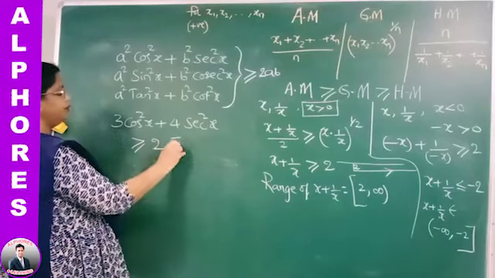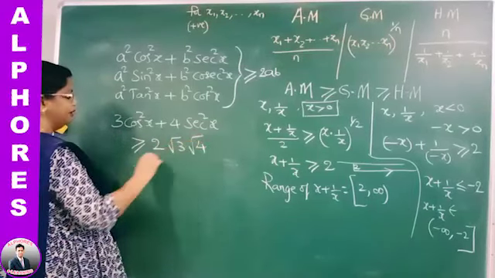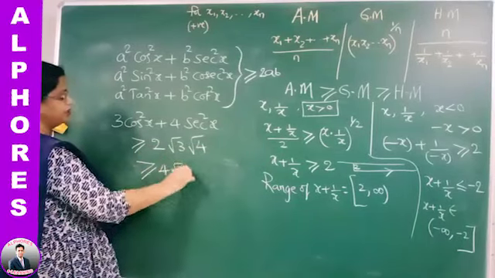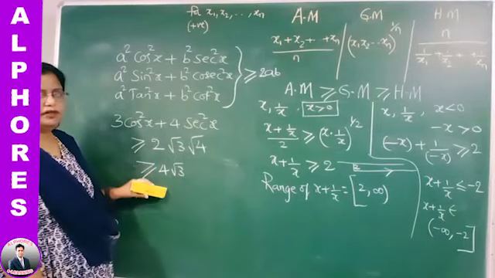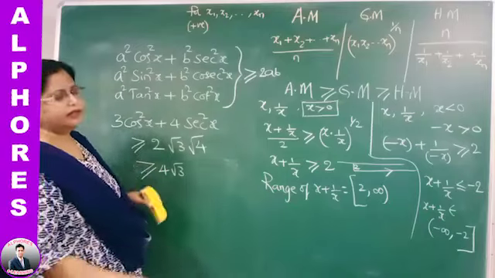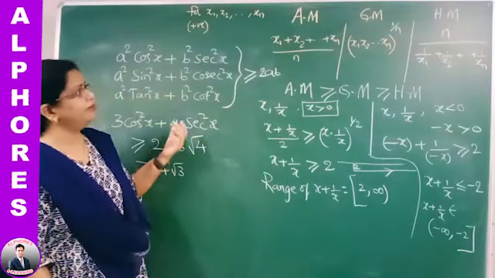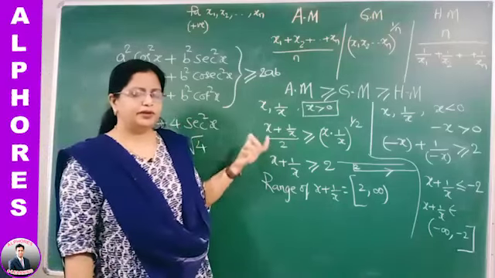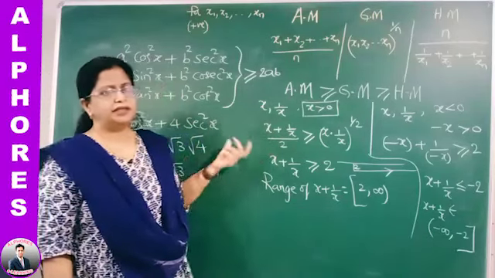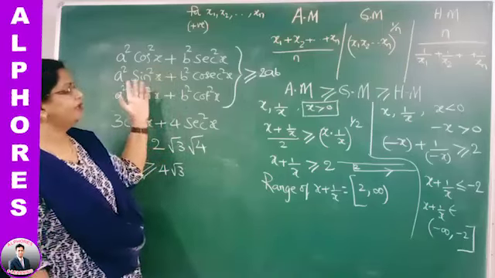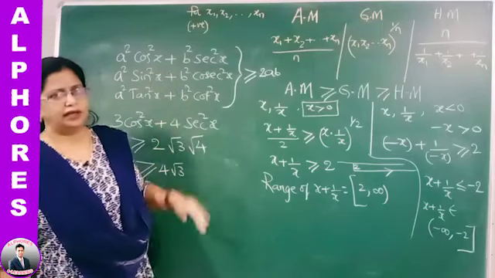So 2 into root 3 into root 4. That means it is 4 times root 3. So the minimum value is 4 root 3. So students, in the previous session we discussed a combination of sine and cos, that too only for first degree and the same angle, and here we found one more combination also, that is one is the reciprocal of the other, right?